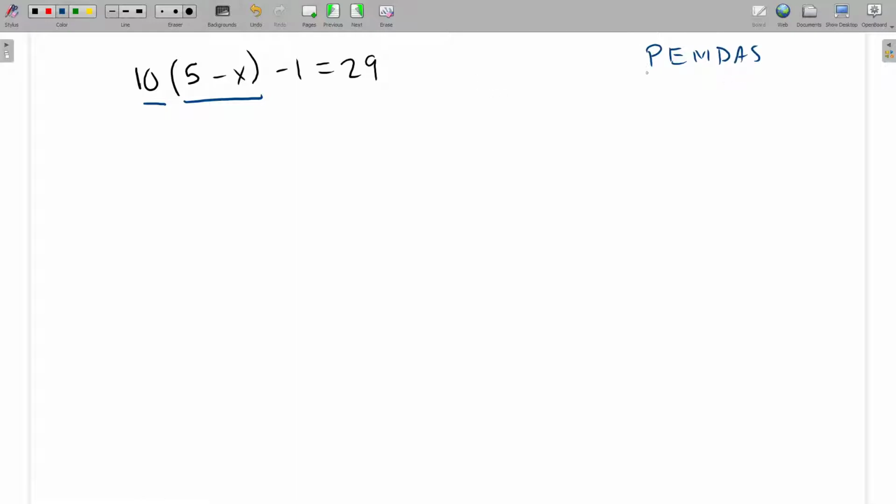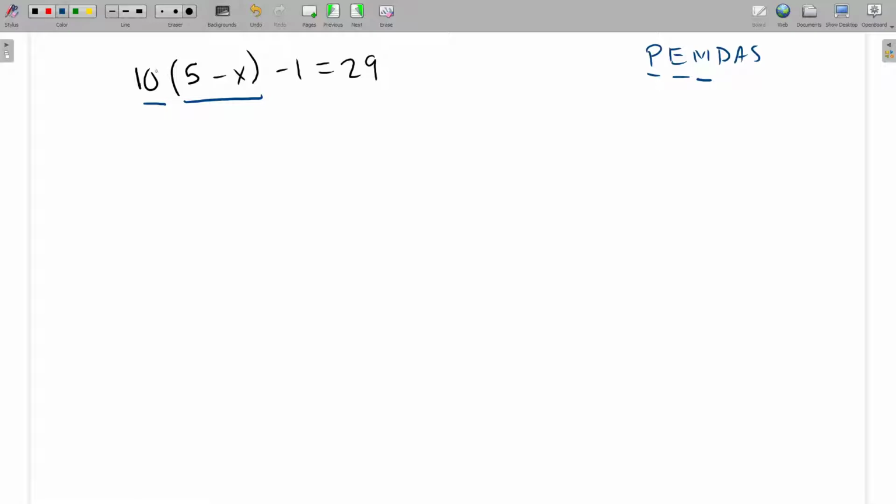right, we need to do the parentheses first, but we can't do 5 minus x because that is a number and a variable. We don't have any exponents. Then we need to multiply. Right, so this 10 is being multiplied by the 5 minus x.